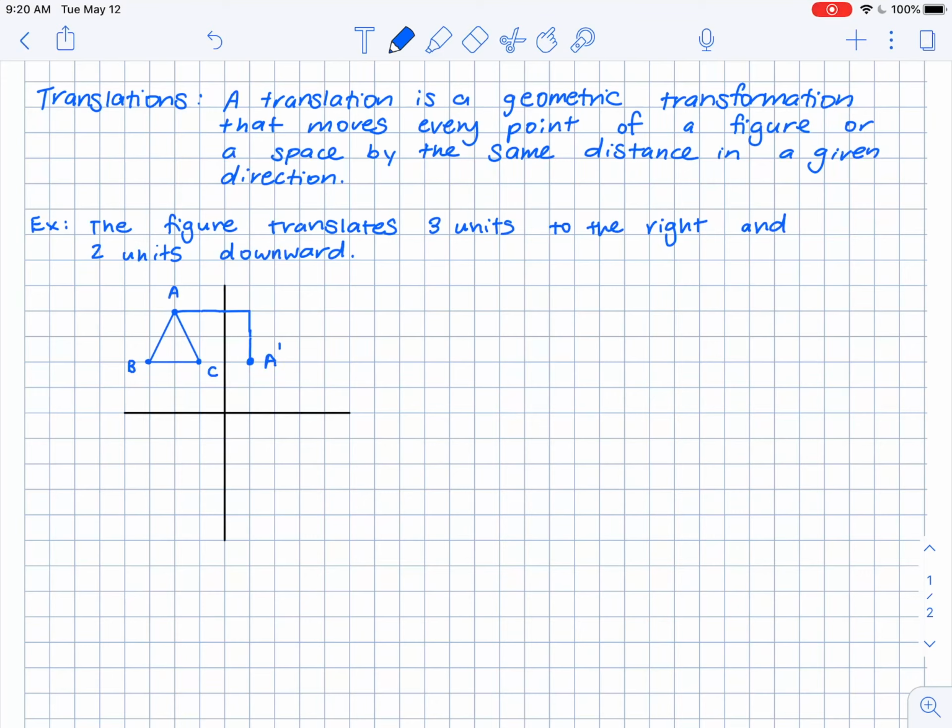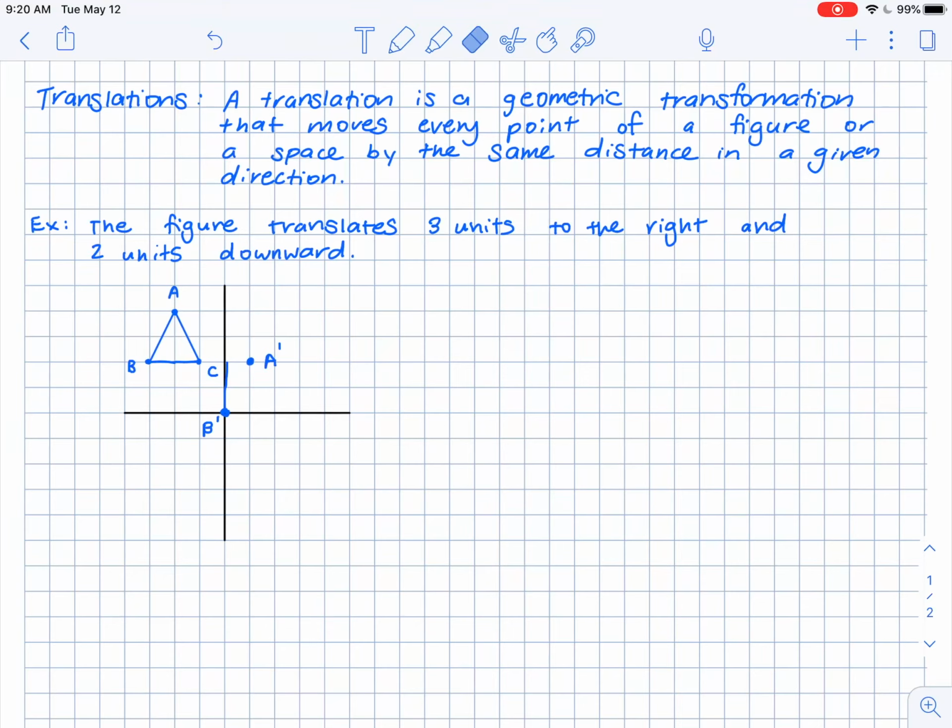And that's my new A. I'm going to put a little apostrophe right there to signify that it's my new A. Now, let's do the same thing with B. 3 units to the right, 1, 2, 3, and 2 units down, 1, 2.